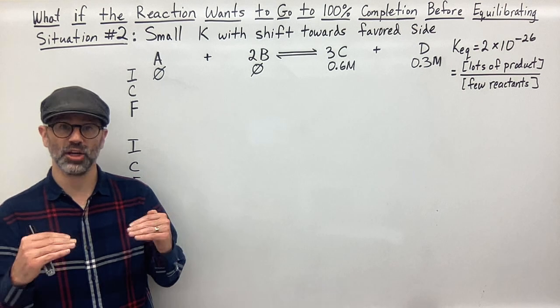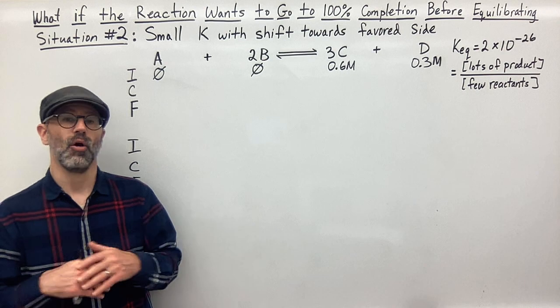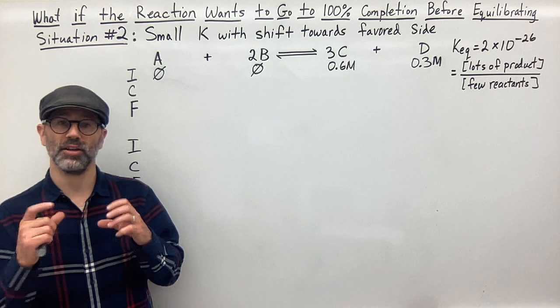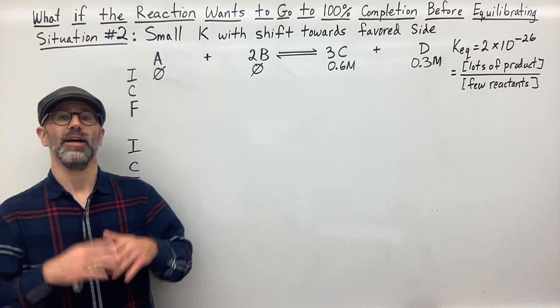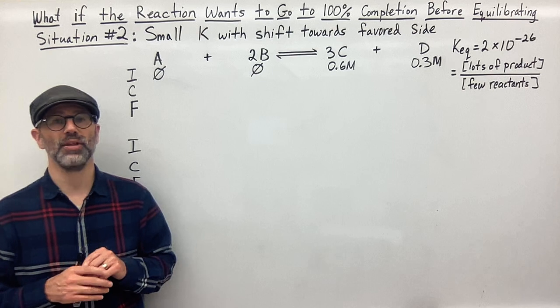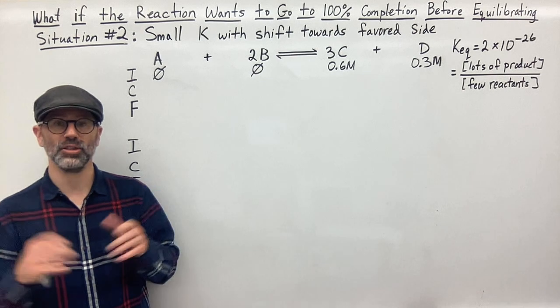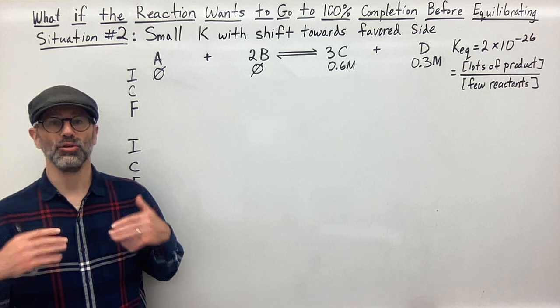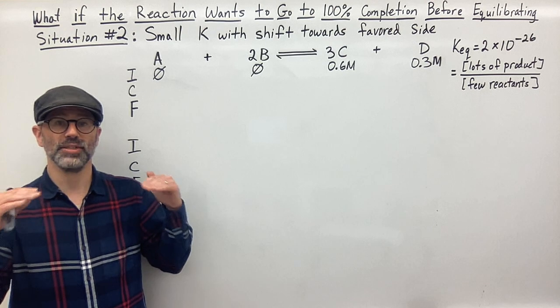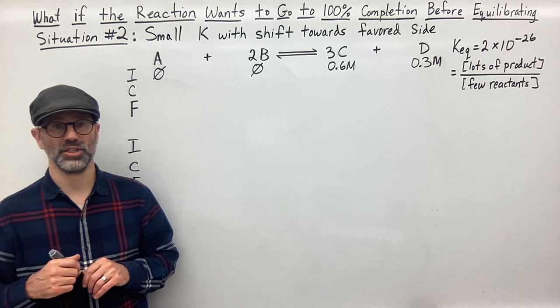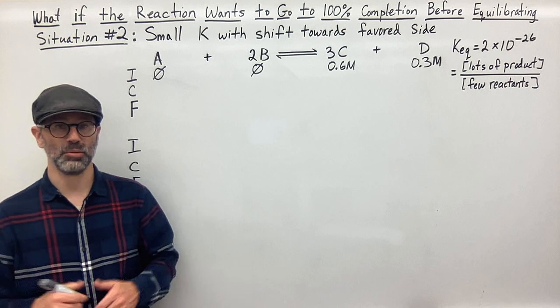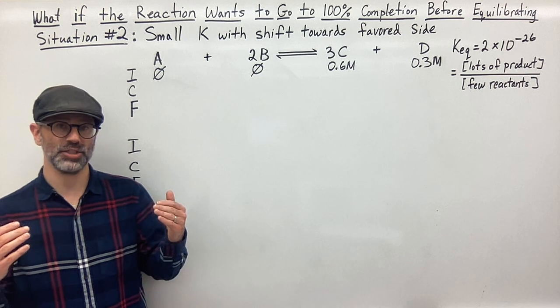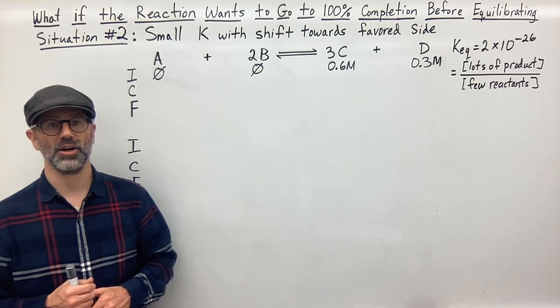So that one's going to go to completion, or go to zero, and then you can figure out the change. Then from there, figure out what the final number of moles are going to be for all your species, and then use that to figure out what your initial concentrations are for your ice table. So you do a stoichiometry table first, followed by your ice table.